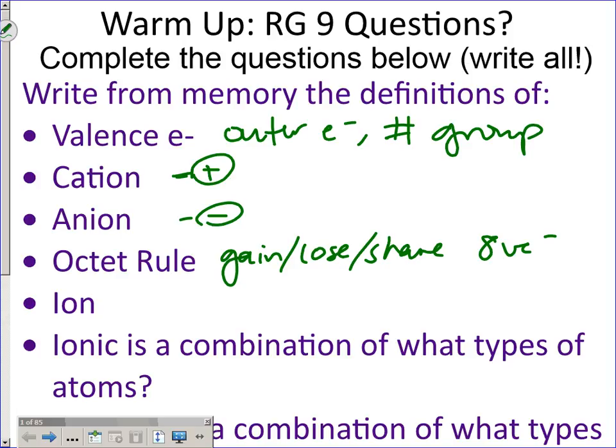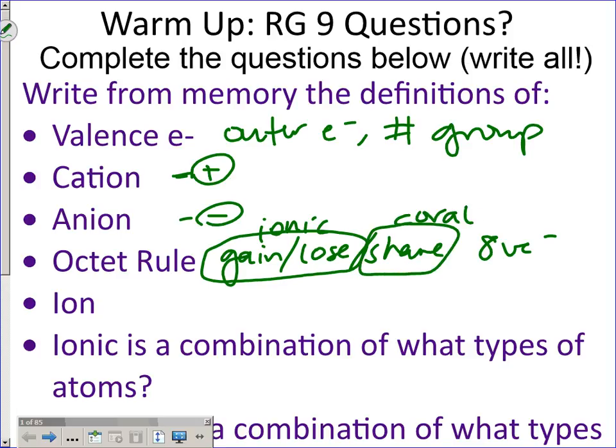Okay, so what kind of compounds would commonly be losing or gaining electrons? Yes, metals are in that compound, but what kind of compound? Ionic compounds will be the ones that lose or gain, whereas covalent compounds will be the ones that share.